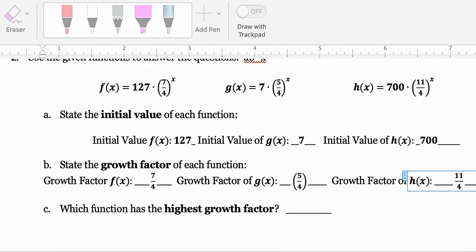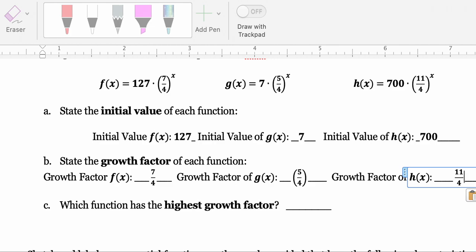Now, the next question asks, which function has the highest growth factor? So, 7 over 4, 5 over 4, 11 over 4. So, 11 over 4 has the highest growth factor. Because if you were to see, they're all greater than 1. And 11 over 4 is the greatest value.